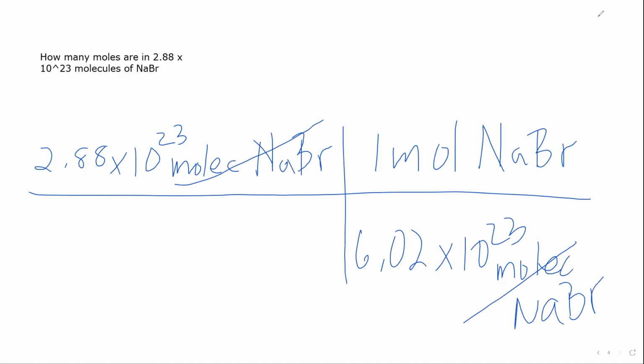All right, so we're dividing this time. We're doing 2.88 times 10 to the 23rd divided by 6.02. And that's going to give us the answer. We need 3 sig figs, so 0.478 moles of NaBr.